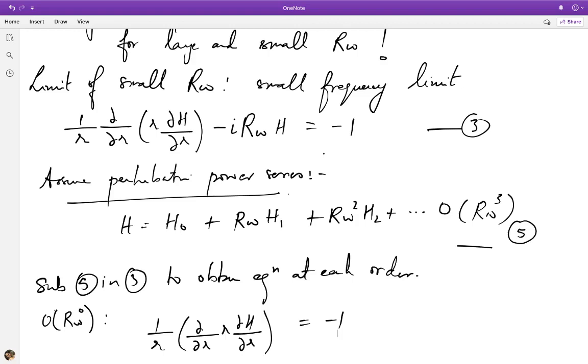Being an expert in perturbation methods, you should look at this problem and say, hey, look, if Rw can be small, or Rw is assumed to be small, I can drop this term here, in which case I just have 1 by r dou by dou r of r dou h by dou r, which is a series of nested derivatives, equals minus 1. And I can solve for h directly by multiplying by r, integrating, dividing by r, integrating. So you can get a simple analytical solution if only this Rw is taken to be 0.